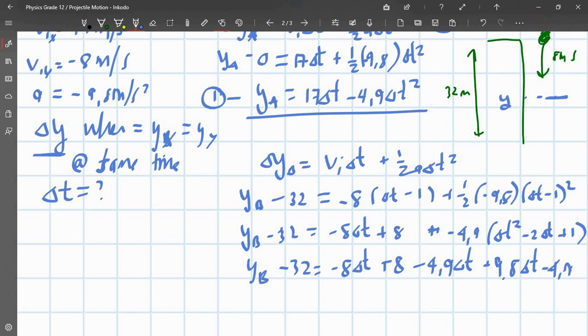And now we just simplify and bring everything to one side. Say yb is equal to minus 4.9 change in time squared, then we have plus 1.8 change in time.